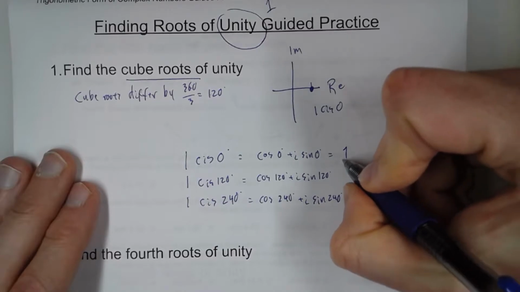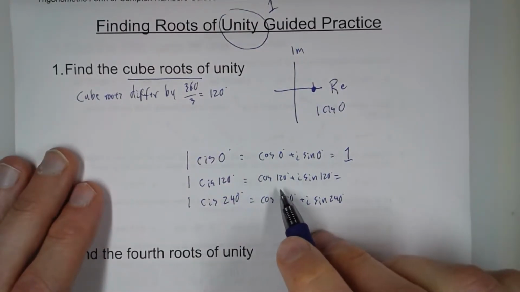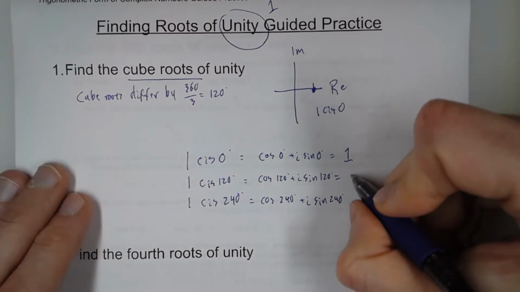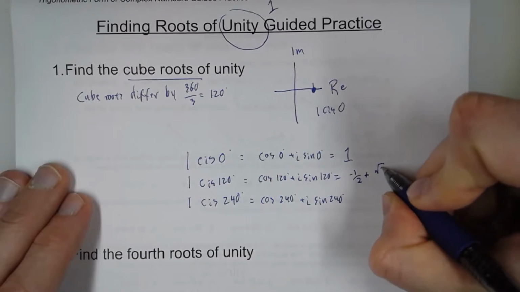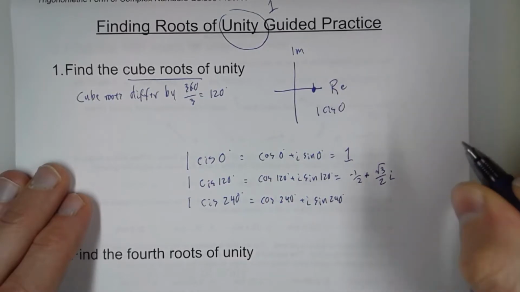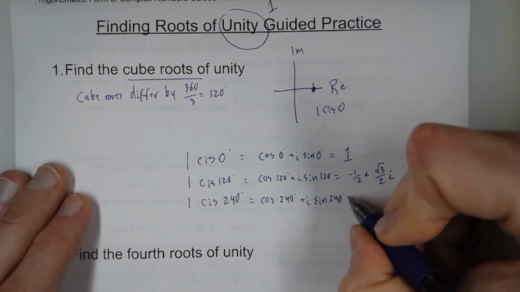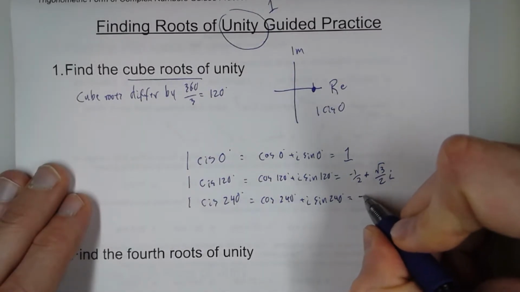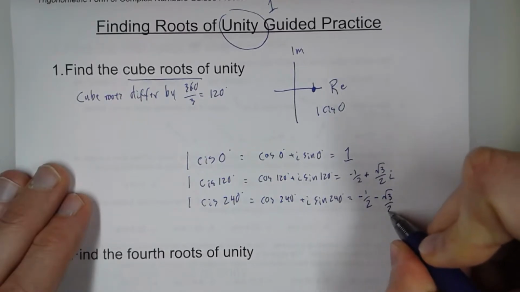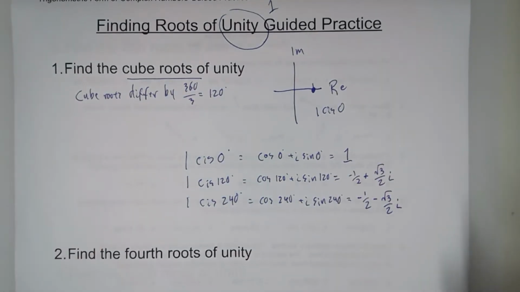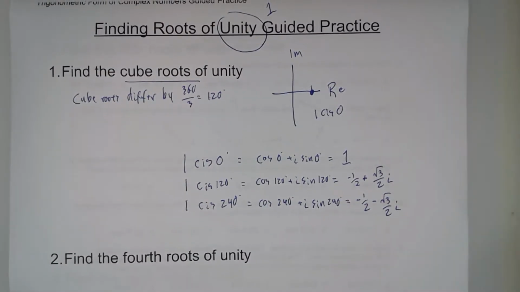Cosine of 0 is 1. So the cube root of 1 is 1. We know that. Cosine of 120 is negative 1/2, sine of 120 is square root of 3 over 2. So if I took this and raised it to the 3rd power, I would also get 1. And then cosine of 240, that's negative 1/2 minus square root of 3 over 2 i. So these are our 3 cube roots of unity in standard form.